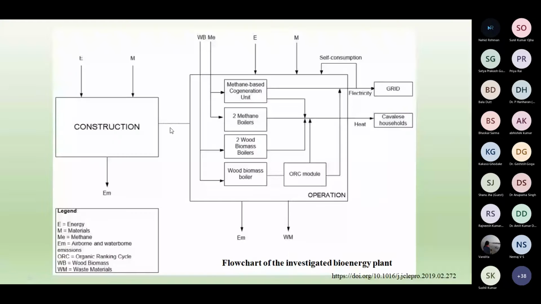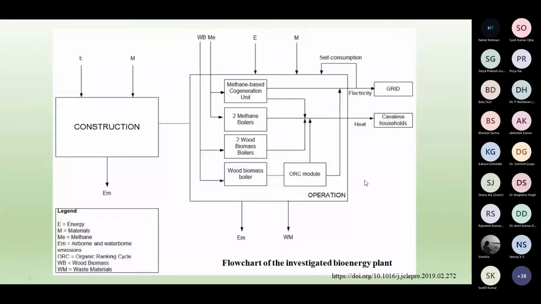So such a kind of power plant they used for extracting the energy using this wood, and they had the boilers, and in those boilers they are producing methane, they are processing the wood biomass in different modules, and they are also producing electricity directly through this.